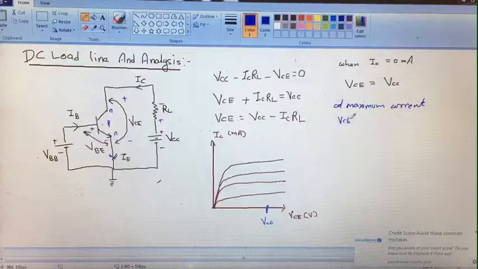VCE is equal to 0. In that case IC will be equal to VCC upon RL. I have marked that point also. This point is representing VCC upon RL. Now we will draw a straight line between these 2 points.